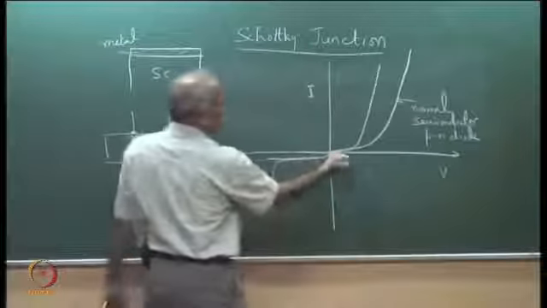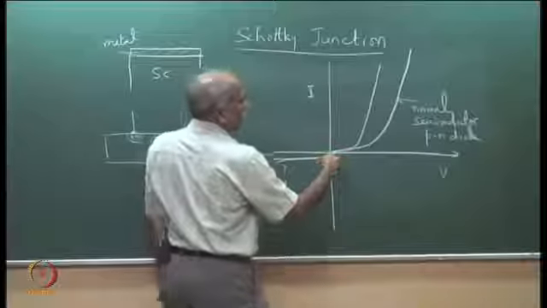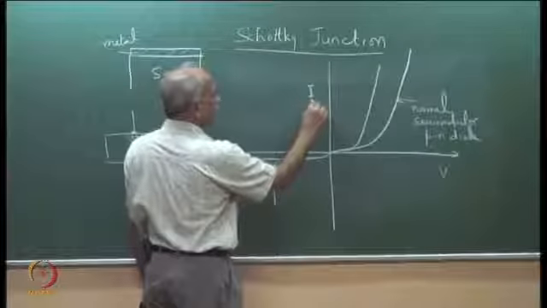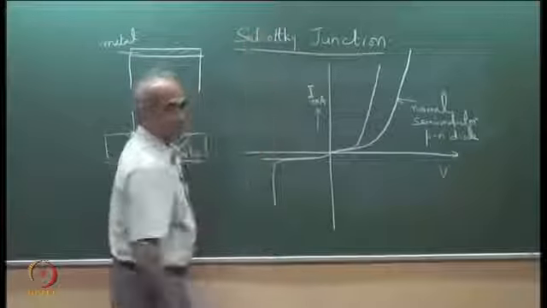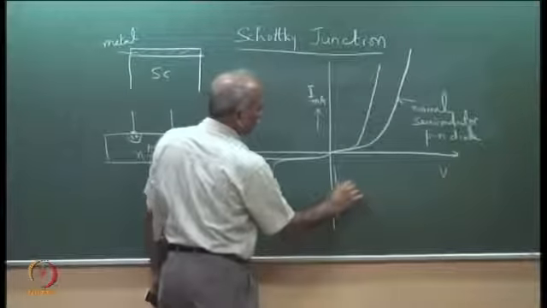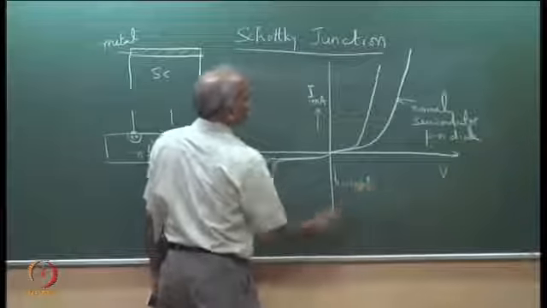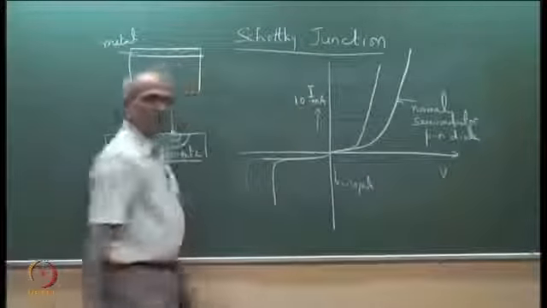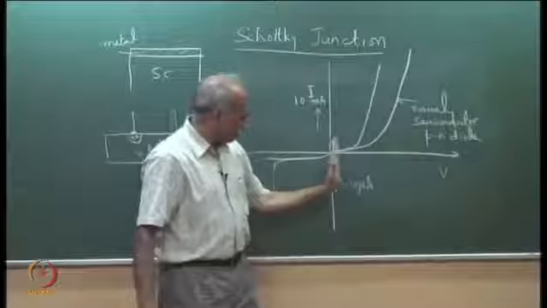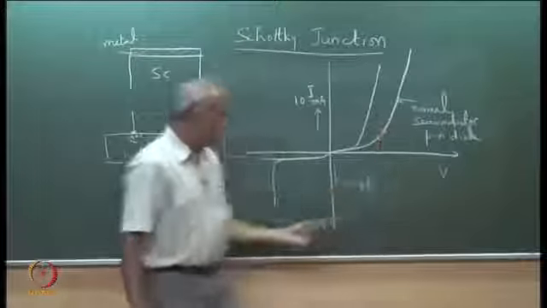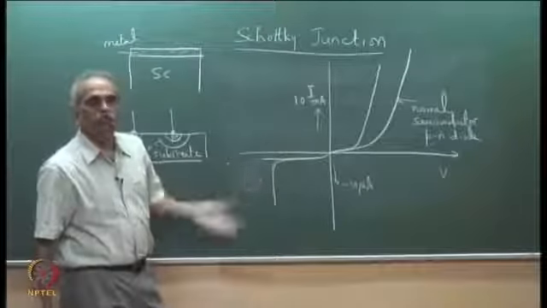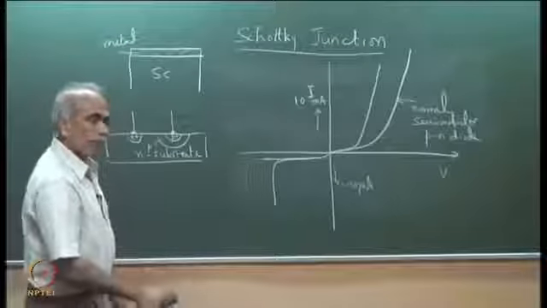This is a rectifying contact because in the forward direction we have a good amount of current, in tens of milliamperes, and the reverse current is typically tens of microamperes. So this is a typical diode characteristic, which means current easily flows in the forward direction beyond a certain voltage and is inhibited in the reverse direction.